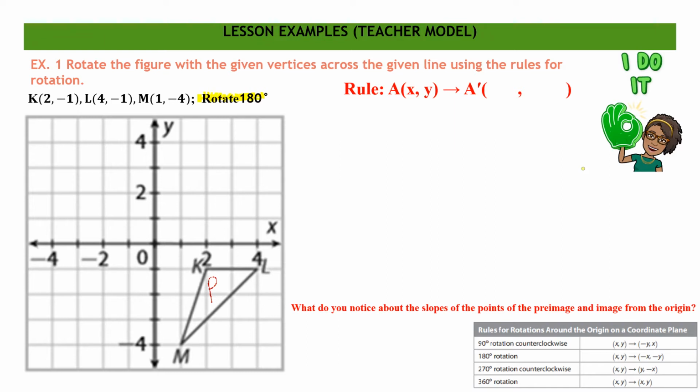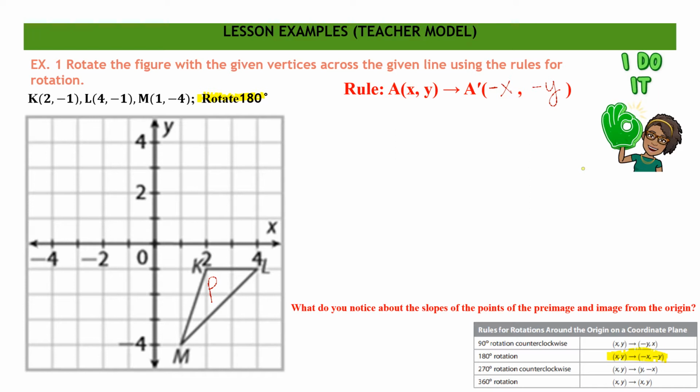Okay, so if we look at our little cheat sheet here at the bottom, rotating a figure 180 degrees tells me for my x and y terms that I need to take the opposite sign for my x and the opposite sign for my y. So that means our rule says opposite x and opposite y.